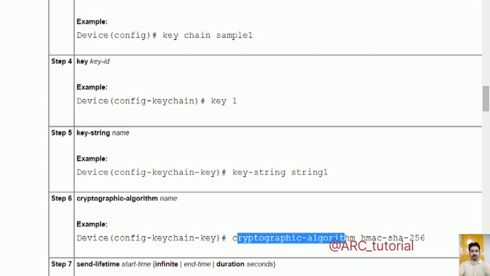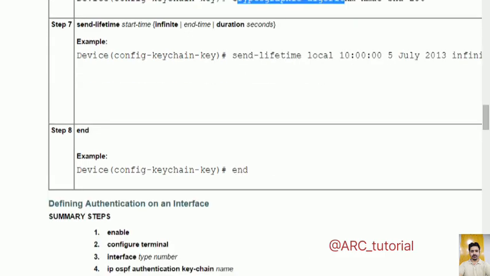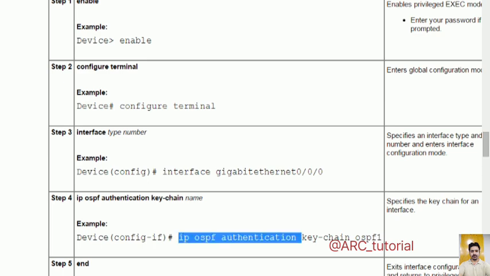This cryptographic algorithm will be defined under the keychain itself, so you can configure multiple keys inside a single keychain, and then finally you will call it under interface mode. To call it is very simple: ip ospf authentication key-chain and then your keychain name. That's it. That's what you need to do in cryptographic authentication. I hope you people have understood it.